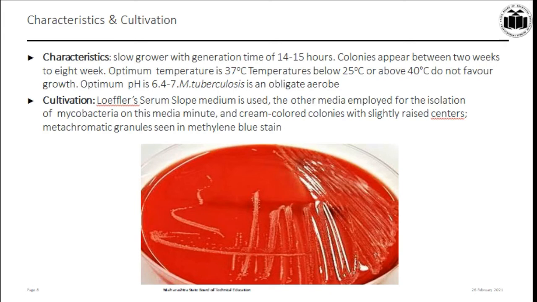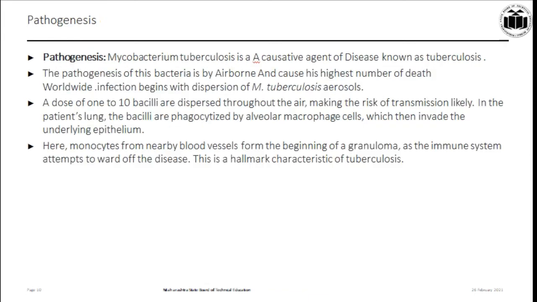For Mycobacterium tuberculosis, we have discussed the morphology, cultivation and characteristics. After that, we will discuss the pathogenicity. Throughout the whole world, this Mycobacterium is causing a disease, and the causative agent of the disease is known as tuberculosis.